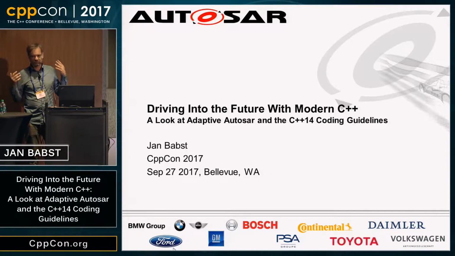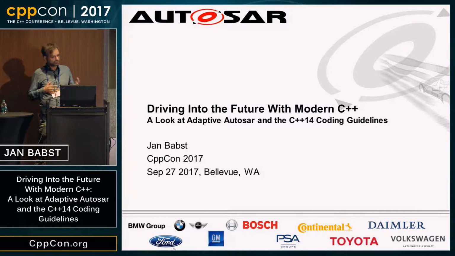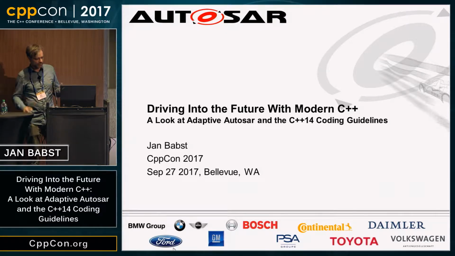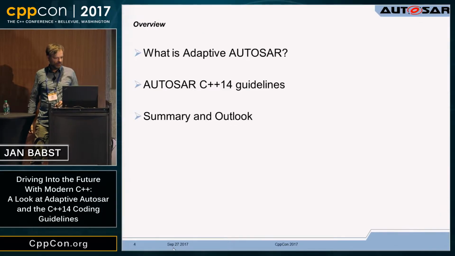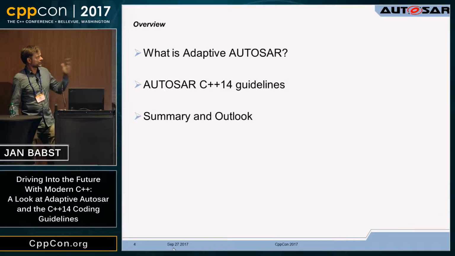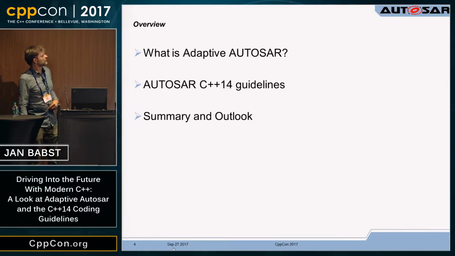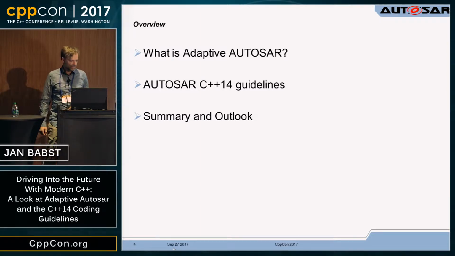This is how C++ is used, and is changing the way C++ is used in the industry. The big factor with this change is adaptive Autosar. So I'll explain a bit what adaptive Autosar is, and then we'll have a look at the coding guidelines that were created within Autosar.